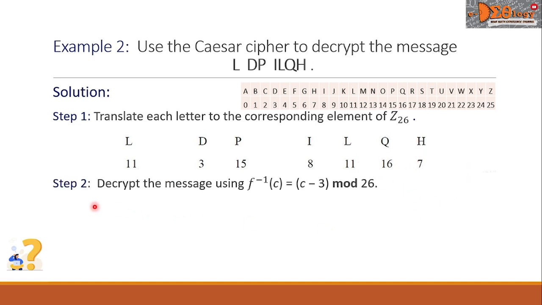Then step 2, we decrypt the message using the f inverse of c is equal to the quantity c minus 3, then mod 26.